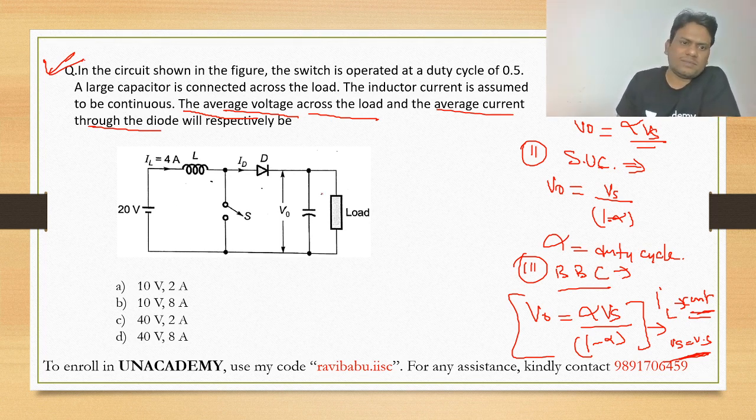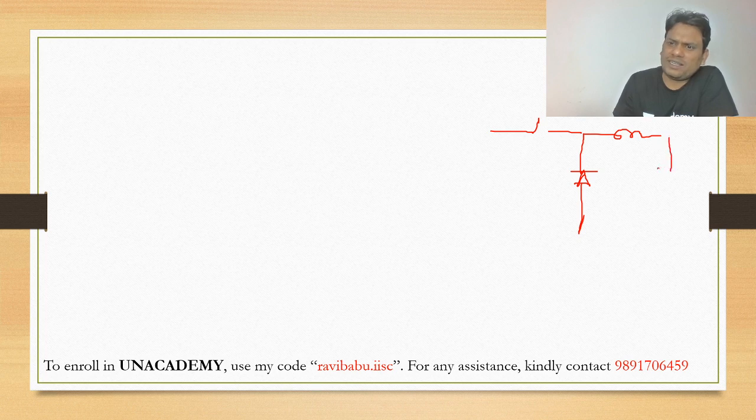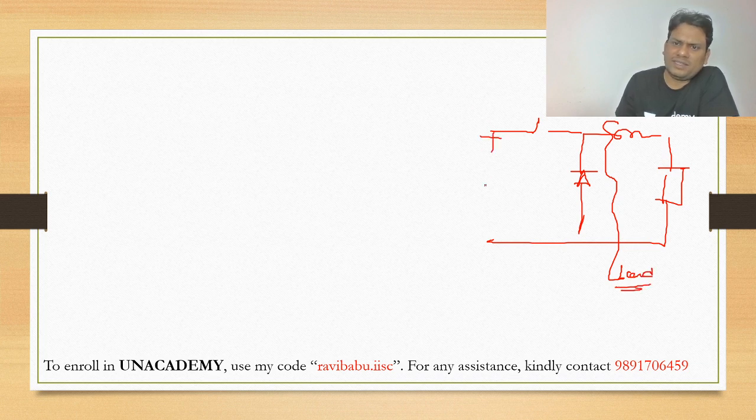Okay, now see everyone, please mind it also, when we have any converter in such a fashion, where a diode is present and an inductor is present on the load side, then our converter will be step down.